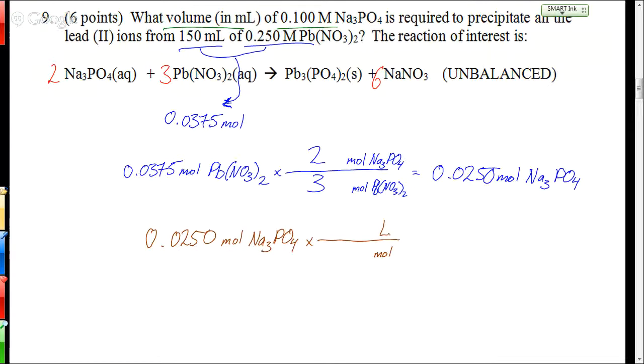We get that equivalence by looking at the concentration. 0.1 molar tells us that there are 0.100 moles in every 1 liter. So that tells us we need 0.250 liters of 0.1 molar Na3PO4, which is 250 milliliters.